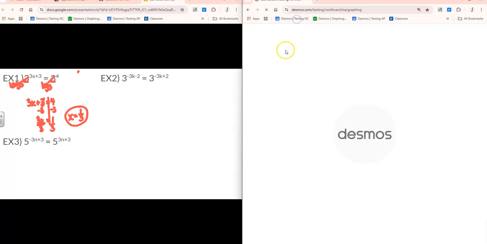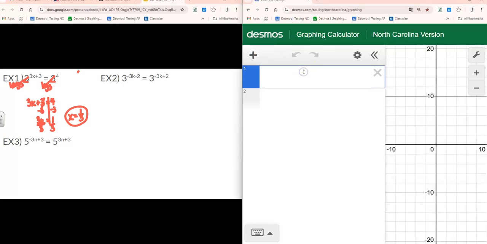So if I do f of x equals the left side, 3 to the... Desmos does something weird here. If I'm trying to put 3x plus 3, it won't put it in the exponent, and it's aggravating. To do that, put some parentheses around your exponent, 3x plus 3, and it'll keep everything up there together.